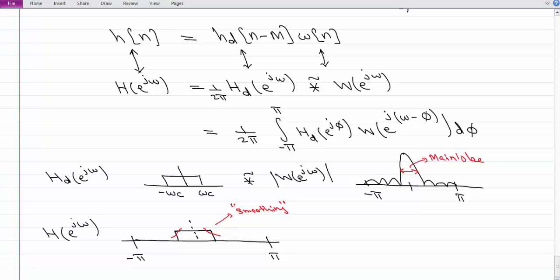Now, the other effect is that you see that you have these small ripples of your window's Fourier transform, and these are called side lobes. Now these side lobes cause ripples in your new Fourier transform.